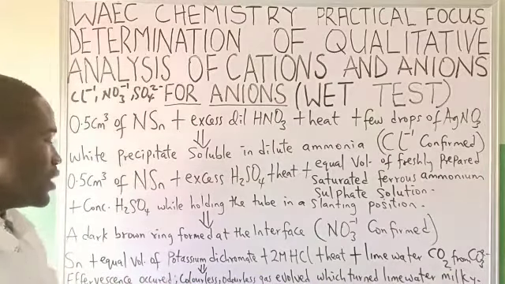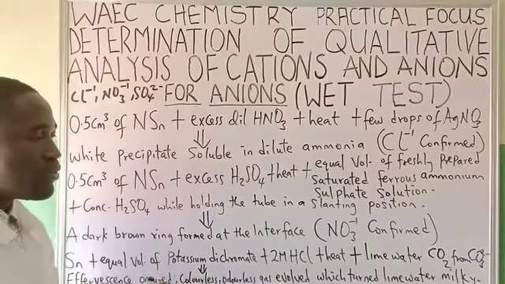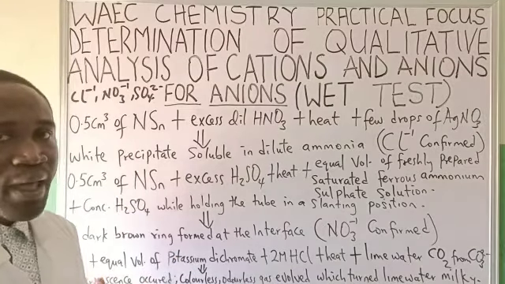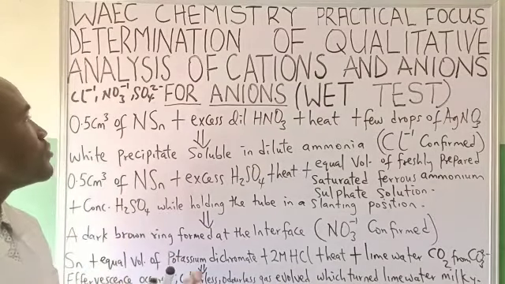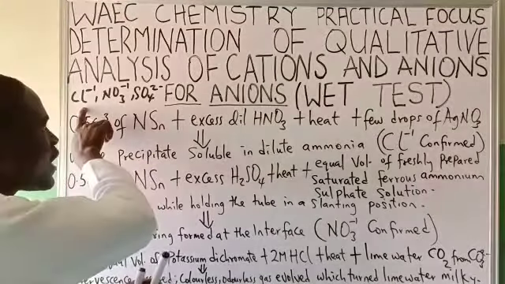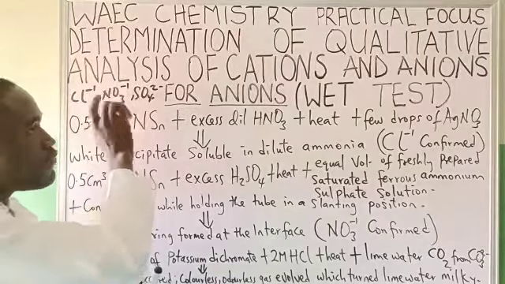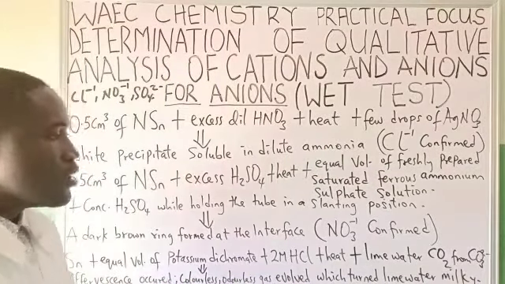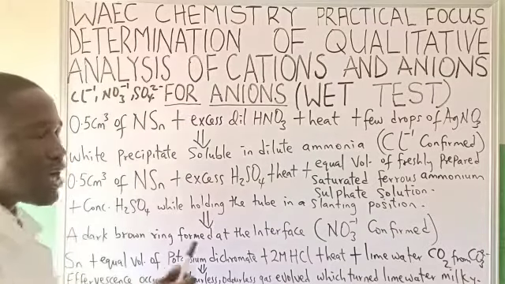Please note that, in summary, sodium carbonate extract is used to confirm the presence of chloride ion, nitrate ion and sulfate ion, and that is what we call the wet test technique. But we don't use it to confirm carbonate.